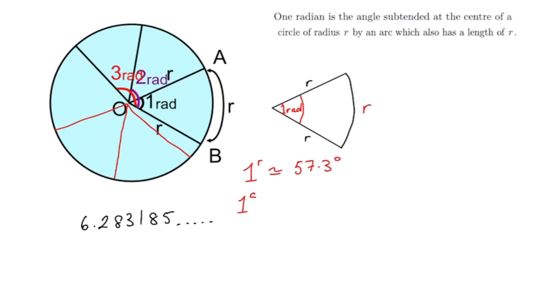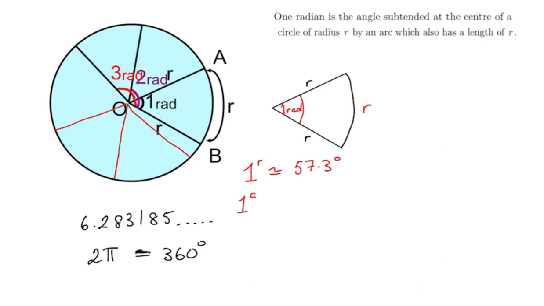Now, you might not recognise that number, some of you might. That number is actually 2 pi. So 2 pi radians fits into a full circle, and so 2 pi radians equals 360 degrees.